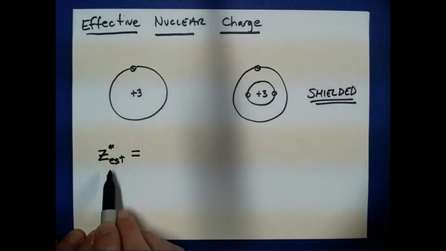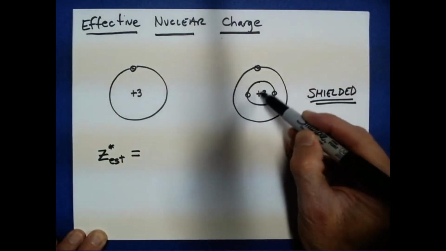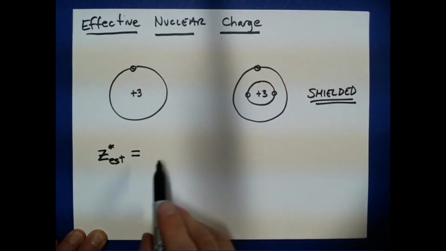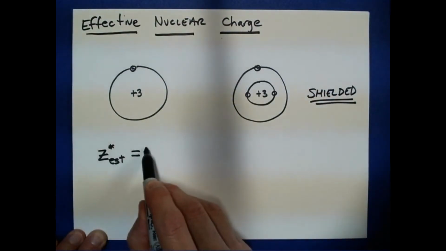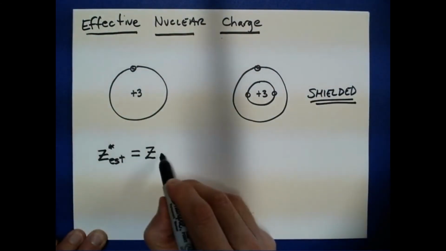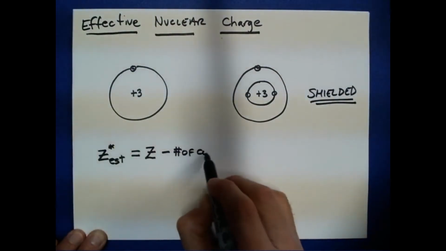What we're going to find is, what is this charge that this electron experiences? And the way we'll calculate that is we'll take the nuclear charge of the atom and we'll subtract from it the number of core electrons.